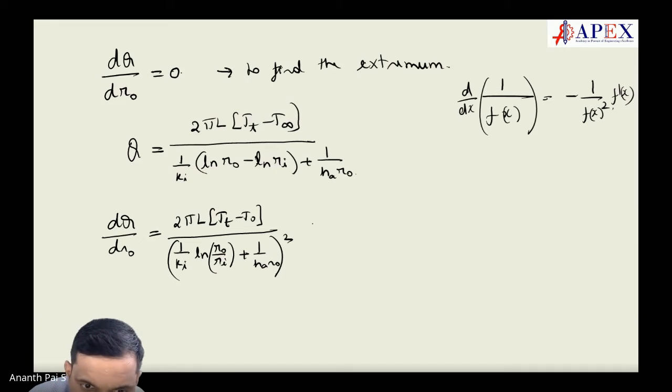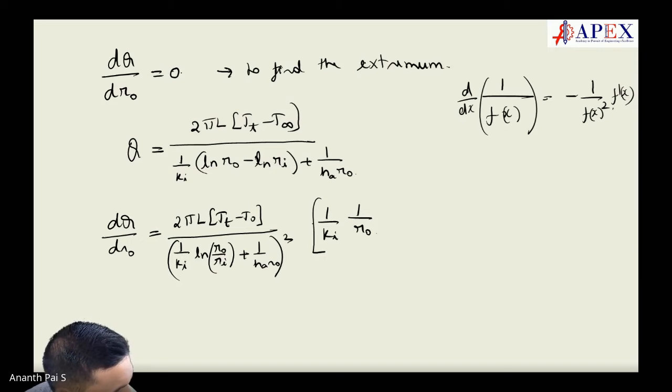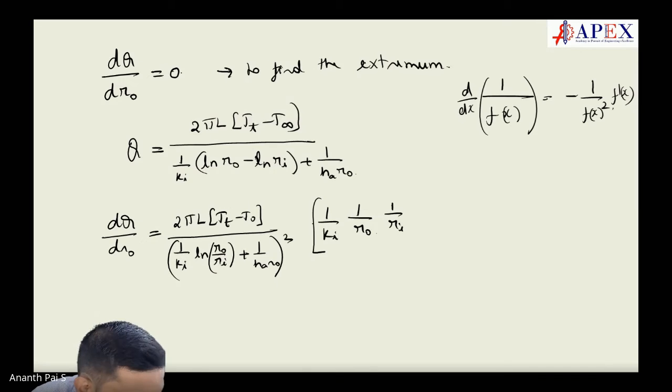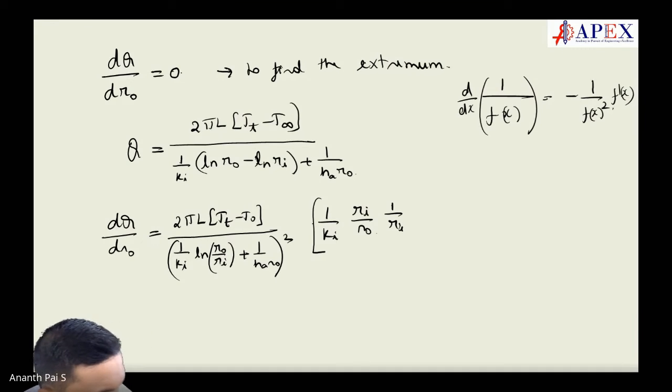When you differentiate this, you will get 1 by ki into log of r naught by ri, 1 by r naught, then you get ri by r naught into 1 by ri. Agreed?